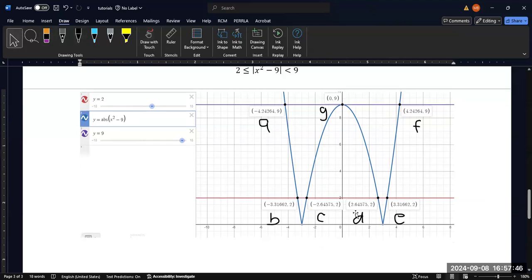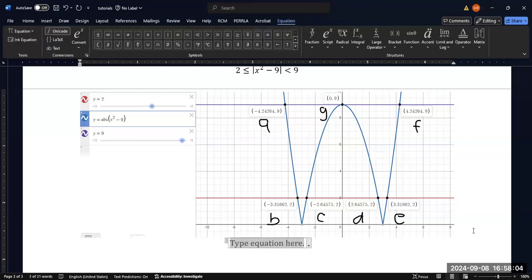Now, we need to find exact values for these. These don't have obvious repeating decimals, although you can see we have positive and negative values of them on either side. So that will make it a little bit easier for us to find them, but we are going to have to find them algebraically. Now, the way that we can find them algebraically is we can take our absolute value apart a little bit.